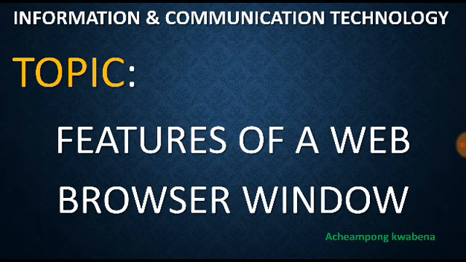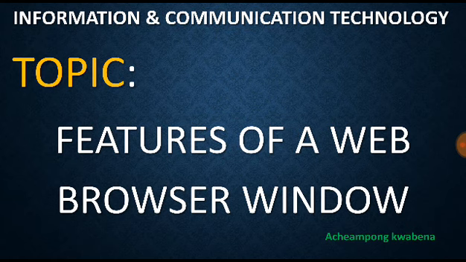We learned that a web browser or a browser is an application software that is used to access the internet, and is this application that is used to display web pages on most computers whenever a computer is being connected to the internet.